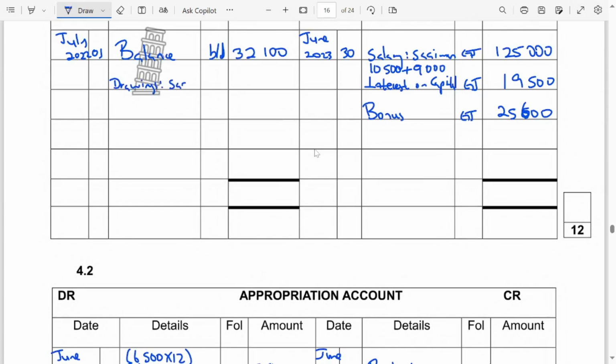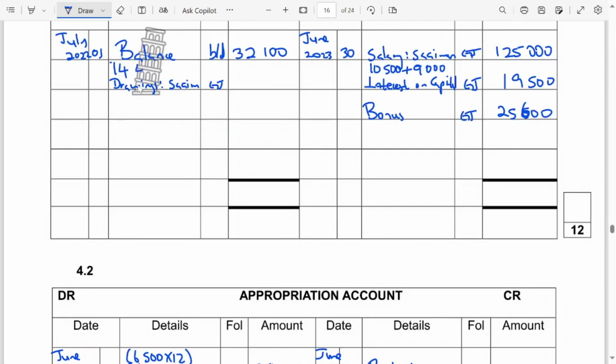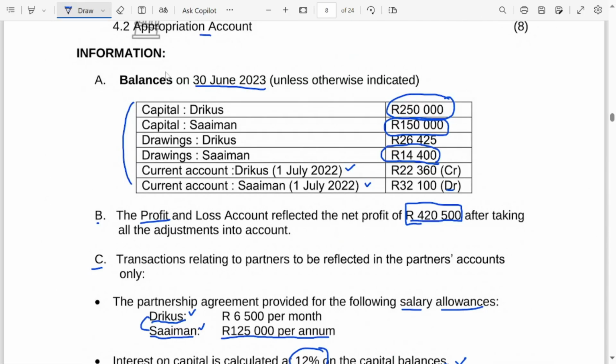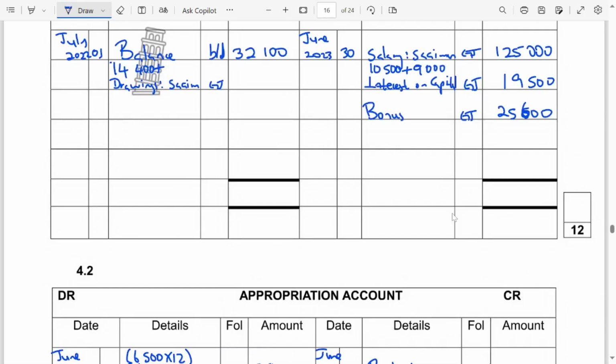It is 14,400 plus the new drawings, which is 6,500. So 14,400 plus 6,500, that is 20,900, right?